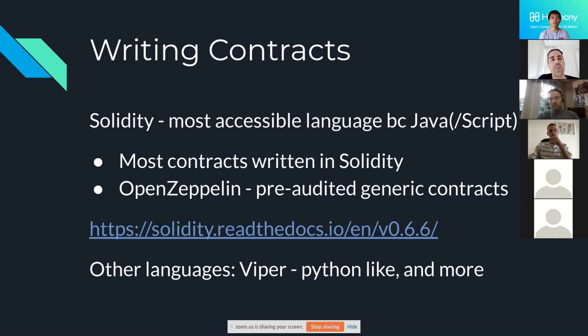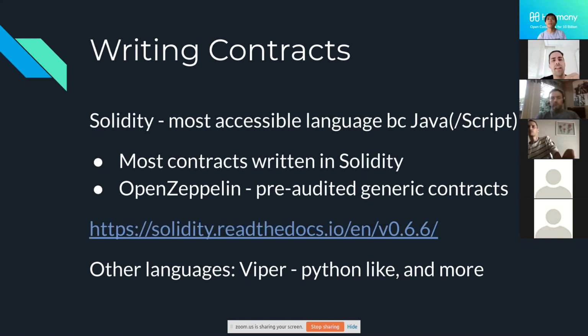So the languages that we can write our contracts in are Solidity, which is the most accessible language. This is because it has a deep background in Java and JavaScript style syntax. It borrows a lot of the class-based inheritance structures from Java, and it's also familiar to people who come from the JavaScript world.